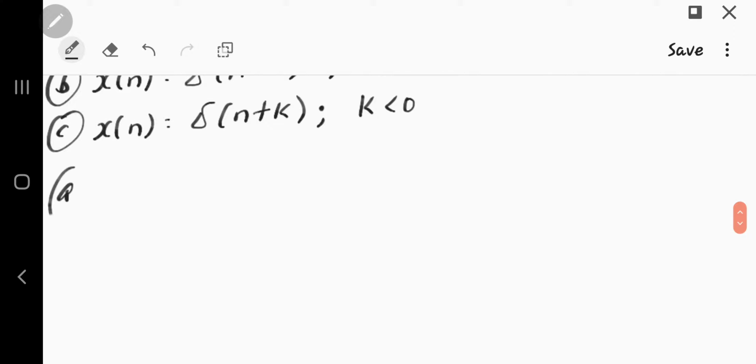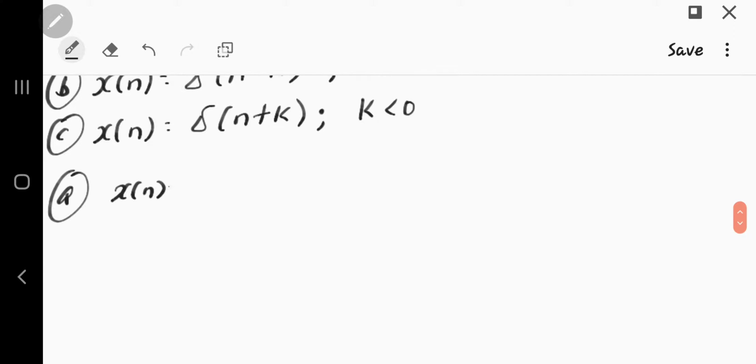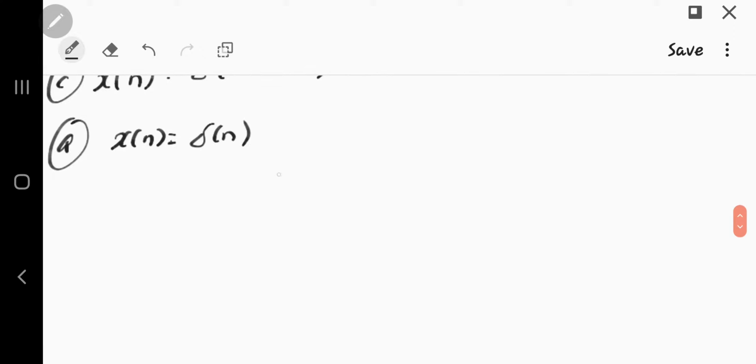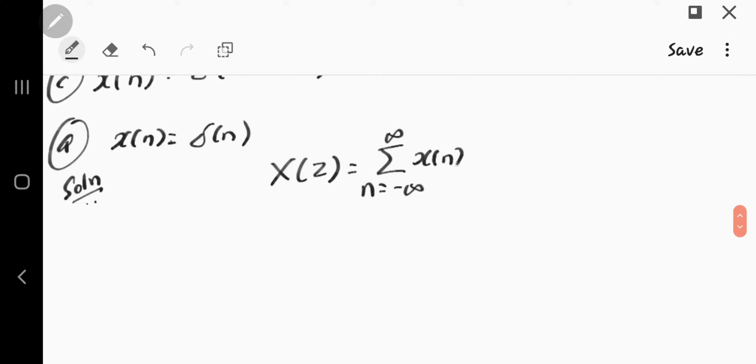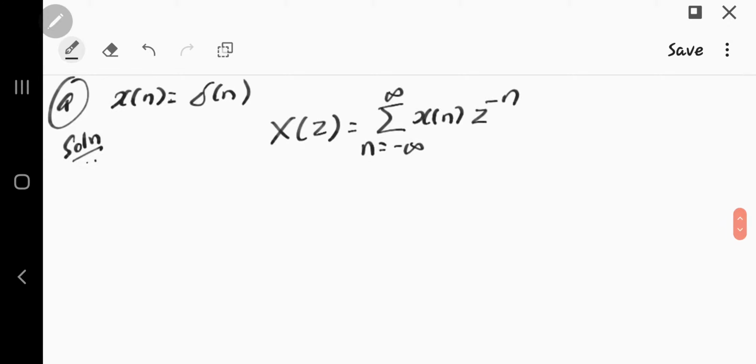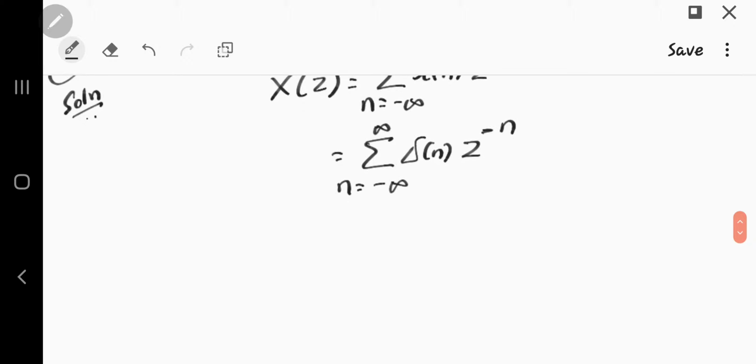Okay, so let's start with the first one, given x of n is equal to delta n. The solution for this is, we start with the definition. X of z is equal to summation n equals minus infinity to plus infinity x of n z to the power of minus n. Now x of n is delta n, so delta n z to the power of minus n.